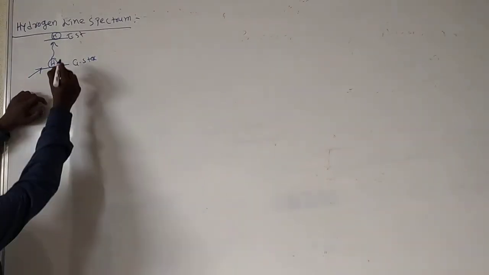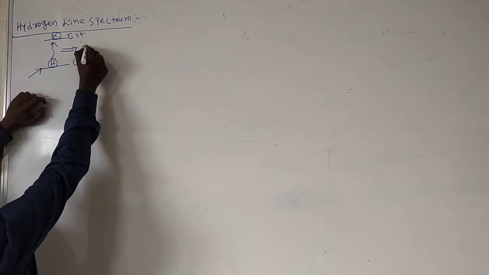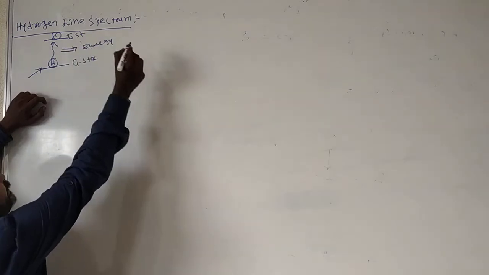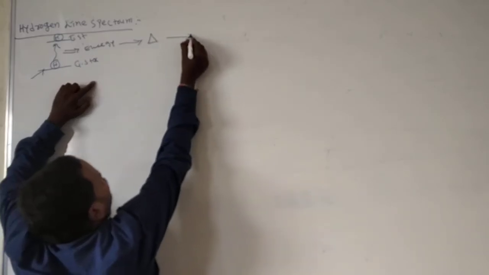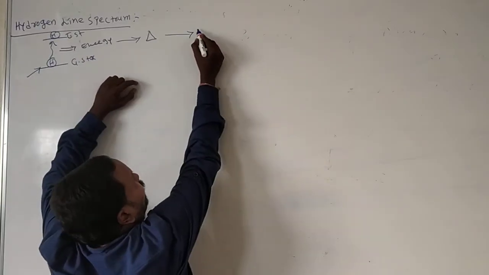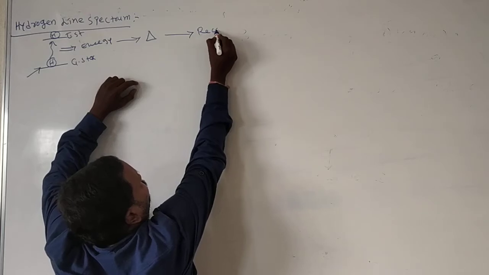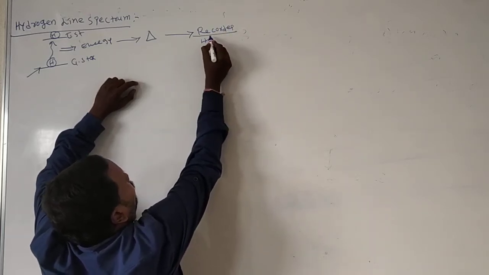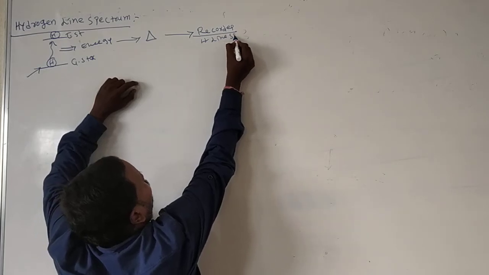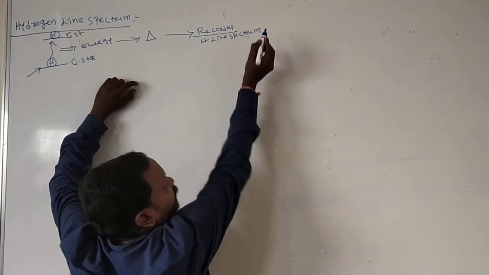When it comes back, it emits energy. That energy passes through a prism, and we get the hydrogen line spectrum in the recorder.